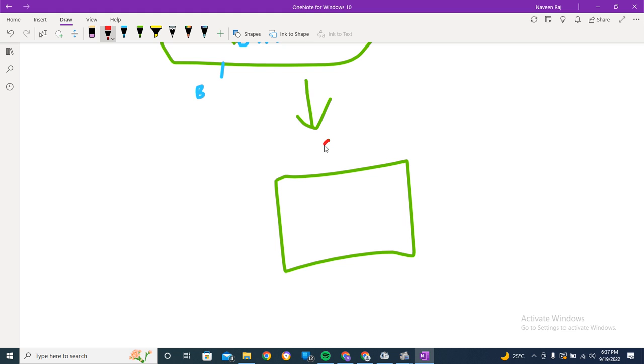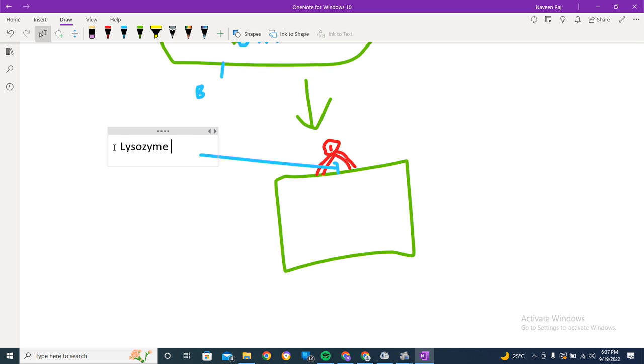What happens is that a kind of enzyme is released over here, and this is called lysozyme.